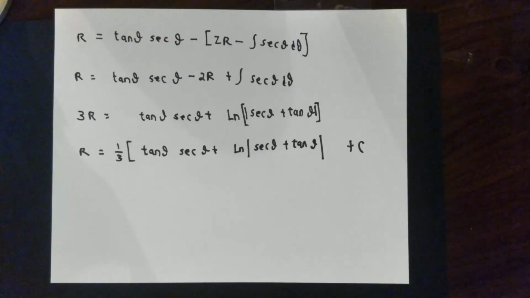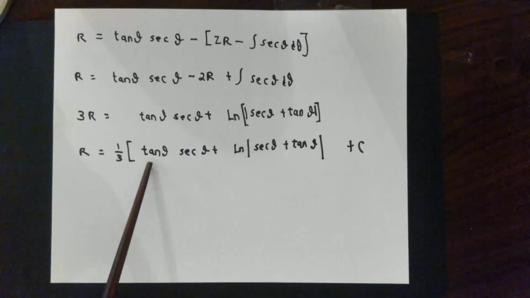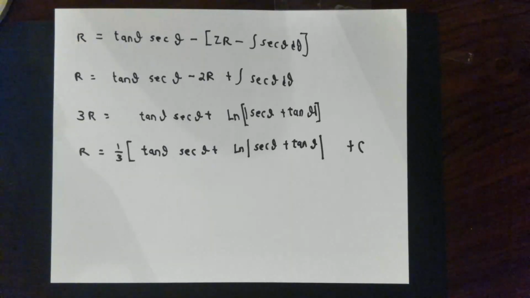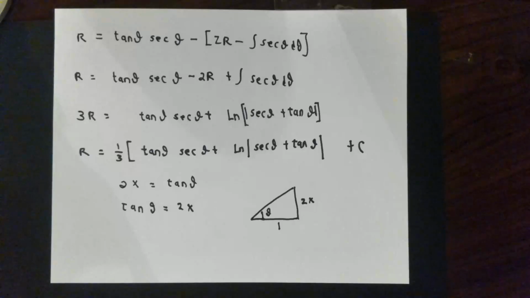If I want my answer in terms of the original variable x, I have to deal with these secant and tangent functions. The literal substitution that we did was 2x equal tangent theta, or to be a little bit more suggestive about it, tangent of theta is 2 times x.